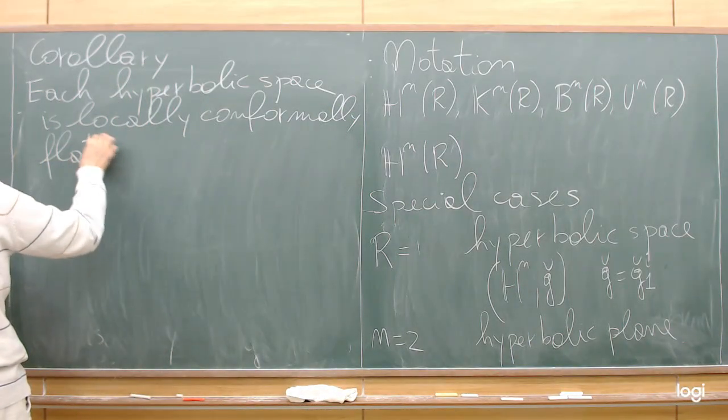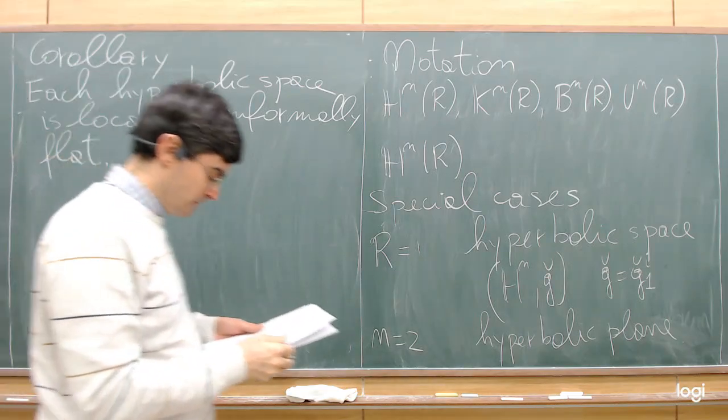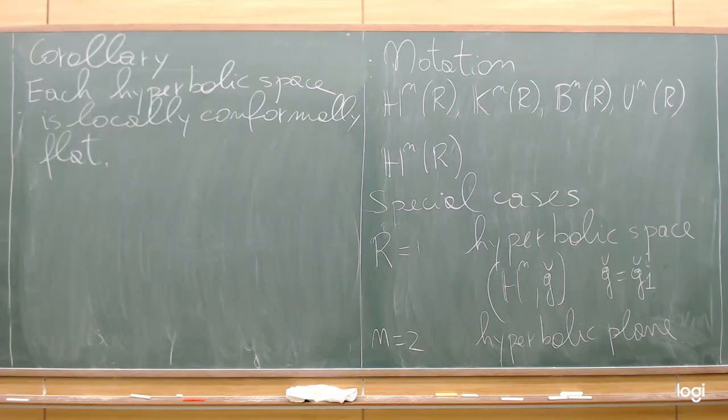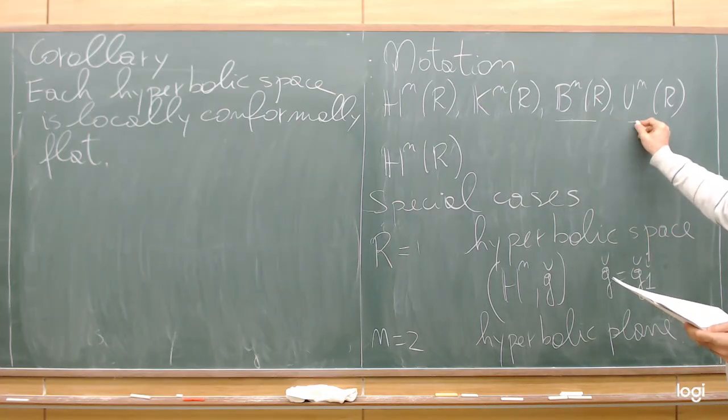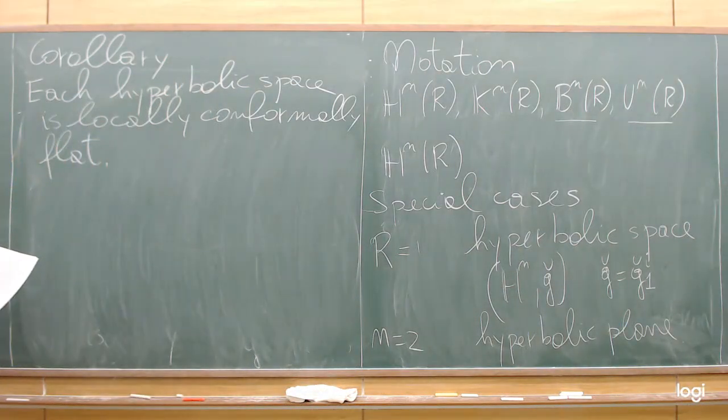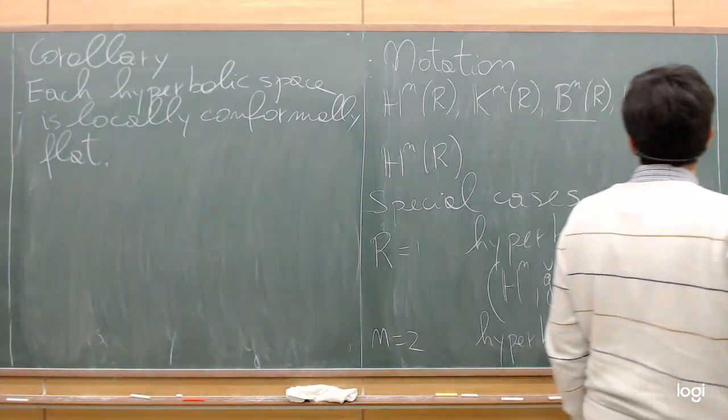In order to prove that this is true, it is convenient to work with this model here or this model here. Why?